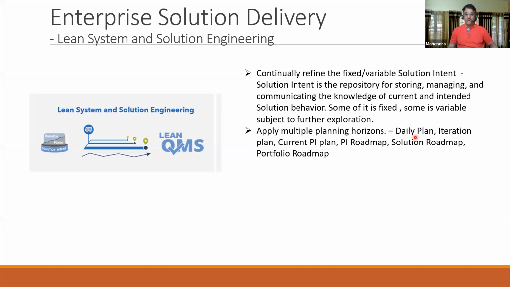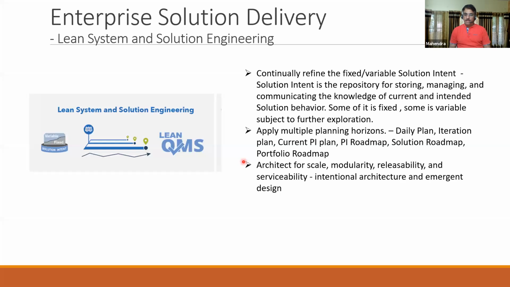If you have read about Mike Cohn, he calls it the planning onion. You have the daily stand-up, the iteration plan, the current PI plan, the PI roadmap, the solution roadmap, and the portfolio roadmap. The scope goes on increasing like the various layers of an onion.